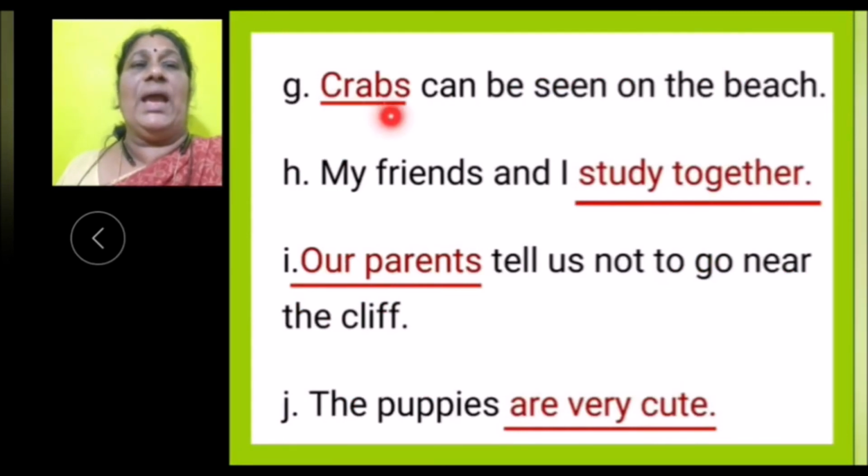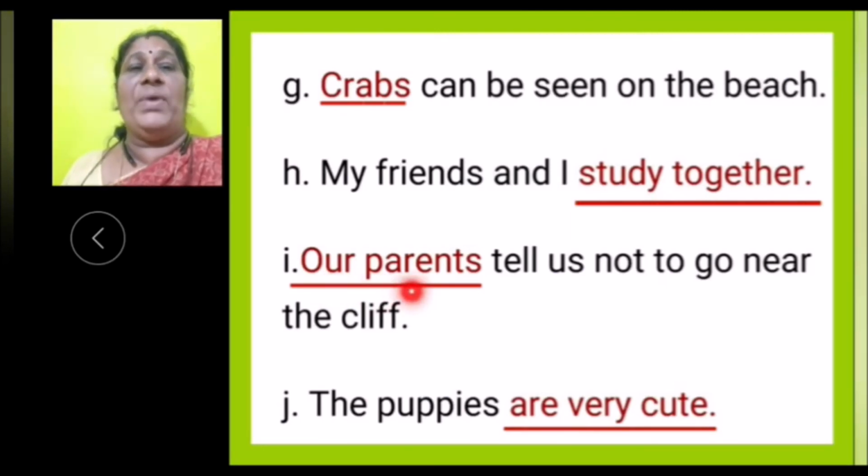G. Crabs can be seen on the beach. What is missing here? Crabs is missing here. That is the subject of this sentence. H. My friends and I studied together. What is missing here? Studied together is missing here. That is the predicate of this sentence.